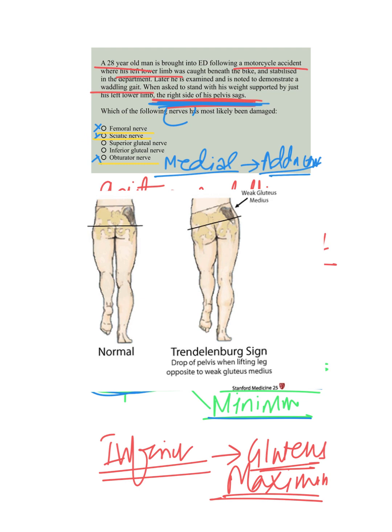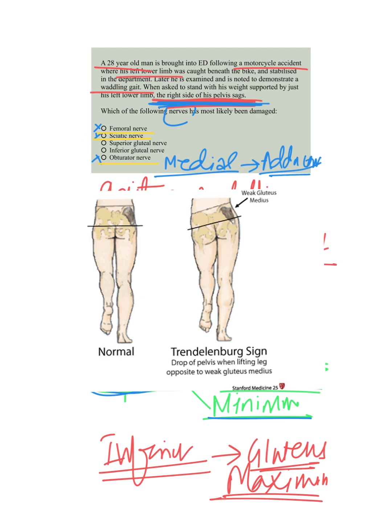Trendelenburg gait, or Trendelenburg sign as it is sometimes known, states that the muscle with the weaker side is going to let the pelvis drop on the opposite side. So you can see that here they're pointing towards the gluteus medius on the right side, and the pelvis is falling on the left side.